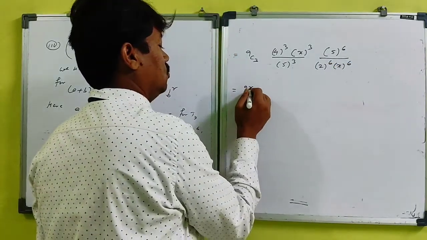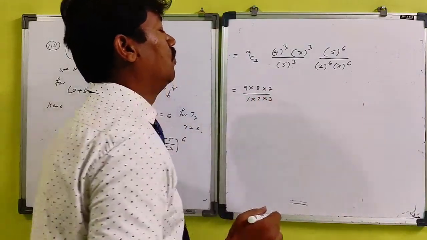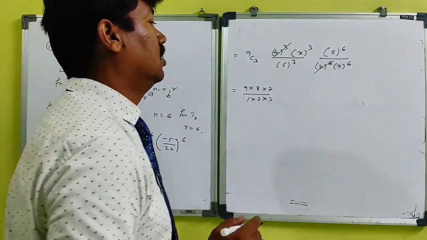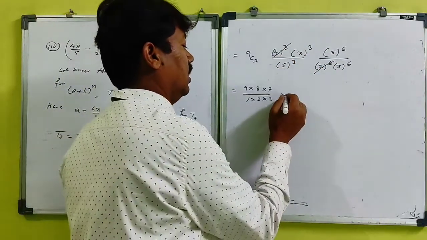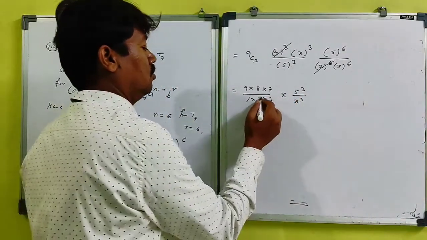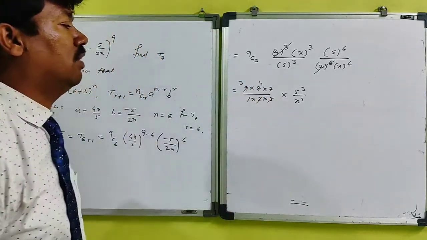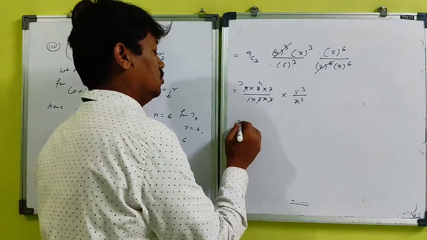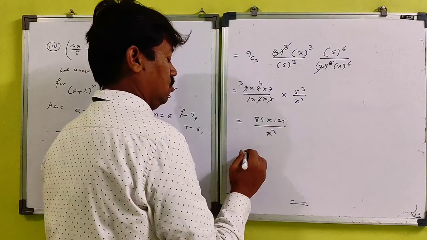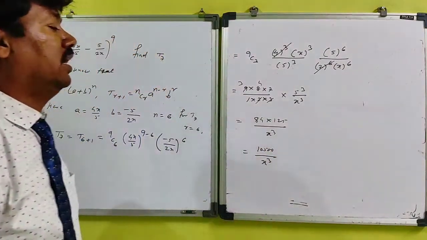So 9 into 8 into 7 divided by 1 into 2 into 3. 2 raised to 6 and 4 raised to 3 cancel out, and this becomes 5 cube upon x cube. So 3 cancels with this 9, 3 cancels with this 6, 3 into 4 is 12, 12 into 7 is 84. So it is 84 into 125 upon x cube. So that is 10500 upon x cube. That is the answer for this.